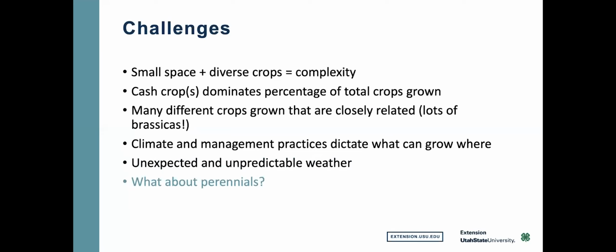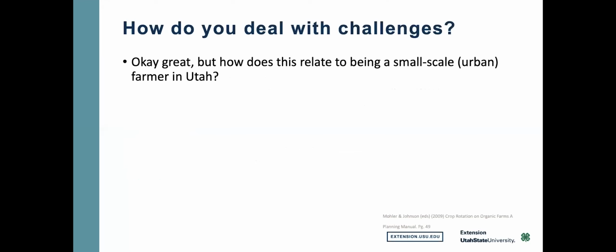What if you want to grow perennials, and how does that fit in? And then again, cover crops. How can I fit those in if you're trying to maximize that land and all the times that you can grow in that land? I was curious as to how people are dealing with this in Utah, specifically micro and urban farmers. So I was able to talk to a couple handful, not as many as I would like, but I was able to hear how they're dealing with these challenges, things that they've seen, and some observations.